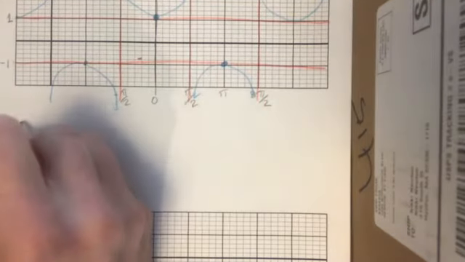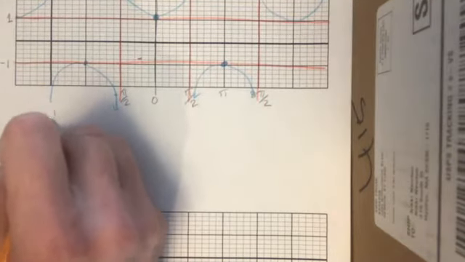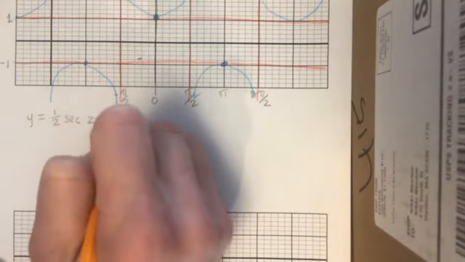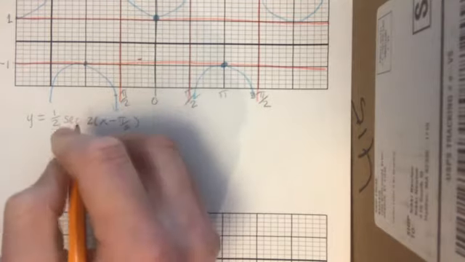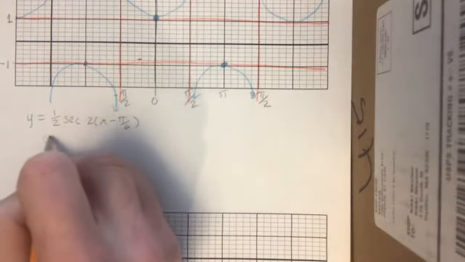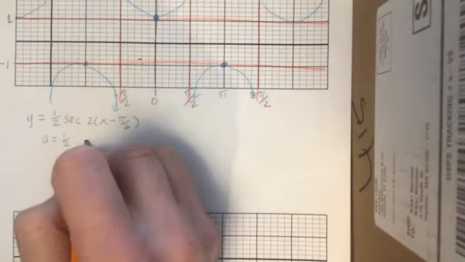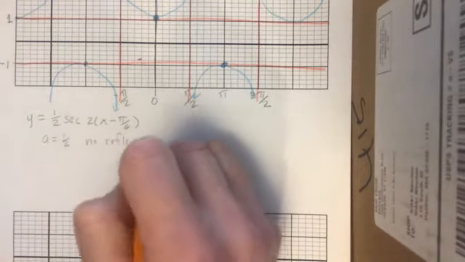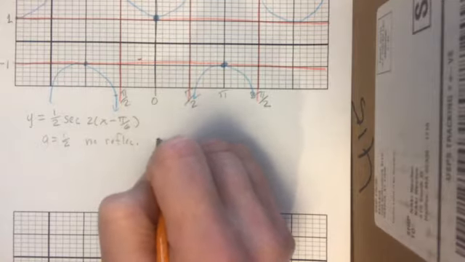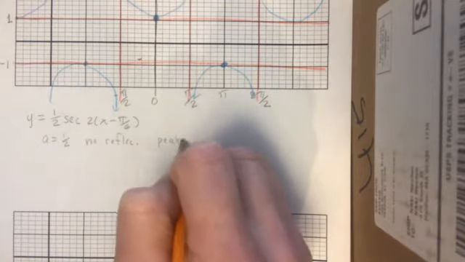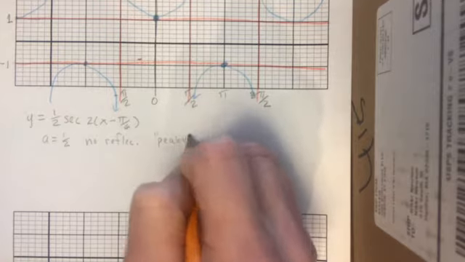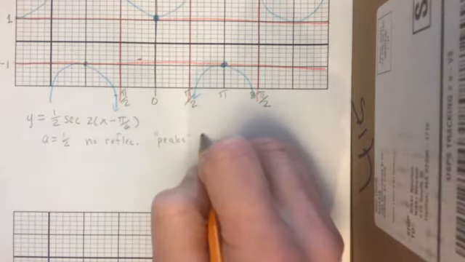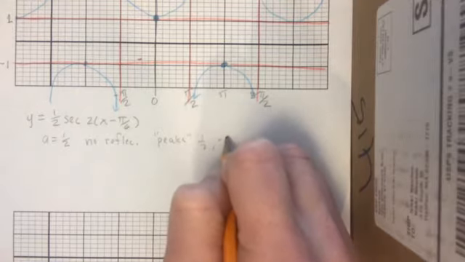So here we go. y equals 1/2 secant of (2x minus pi over 6). So A is a half. There's no reflection because it's positive. And the peaks are not at +1 and -1, but they're at +1/2 and -1/2.